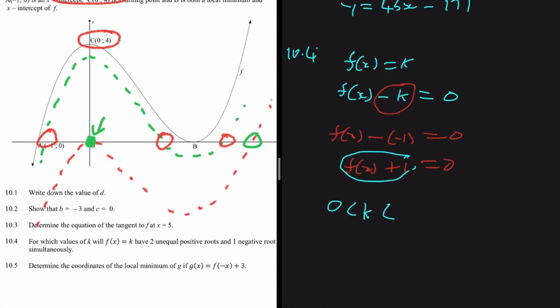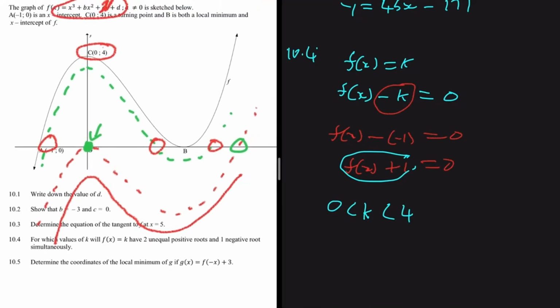Another thing you should realize is that if we move our graph 5 units down, our graph just keeps on going down, and we don't have what we're looking for. So we need k to be between 0 and 4. If k is between 0 and 4, then our graph will have two unequal positive roots and one negative root simultaneously, and that's what we're looking for.